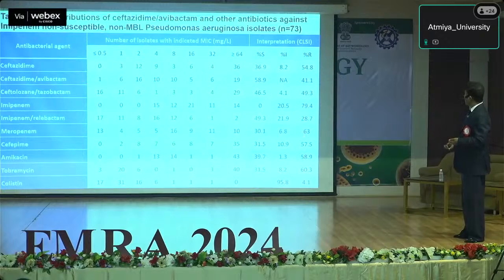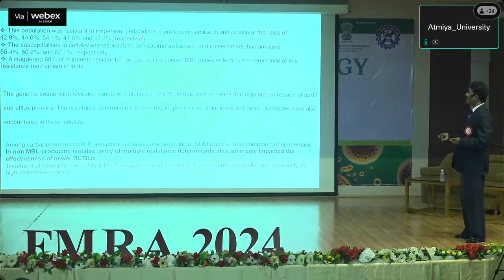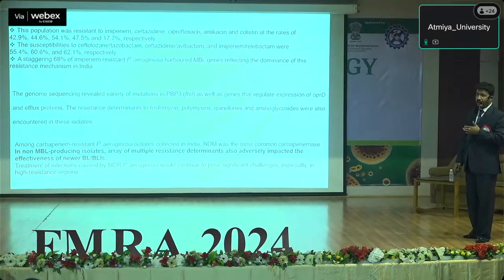More or less, this study population showed resistance to imipenem, ceftazidime, ciprofloxacin, amikacin and colistin. Colistin is a lipopolysaccharide-targeting antibiotic, not a beta-lactam. Resistance was 42%, 44%, 54%, 50%, and 20% respectively, very high.